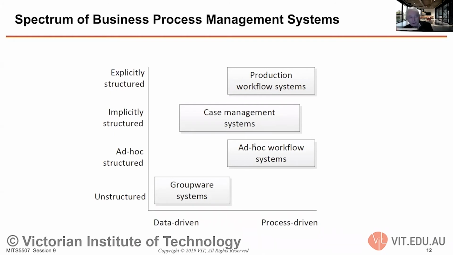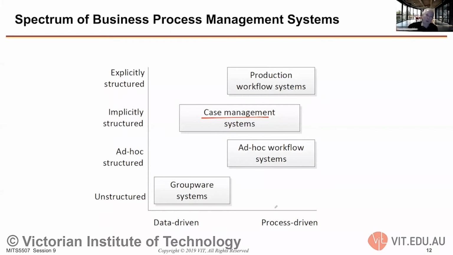And then further, you can see how it moves across into either data-driven or process-driven. In the case of case management systems, it tends to cross both of those boundaries. Whereas you can see groupware systems are mainly data-driven but unstructured, whereas production workflow systems and ad hoc workflow systems tend to be more process-driven.